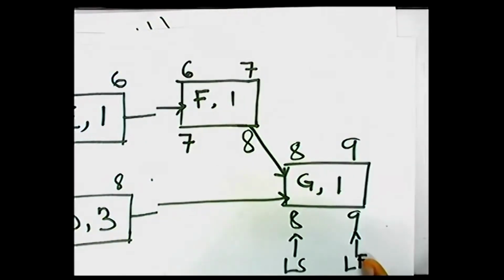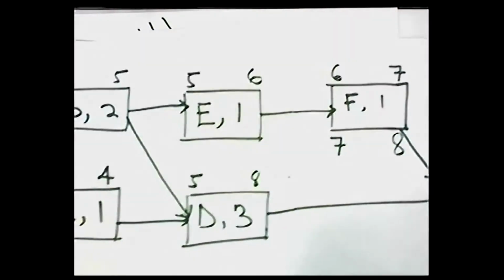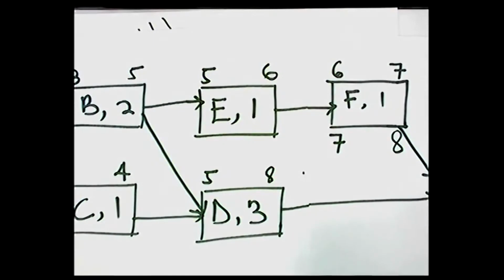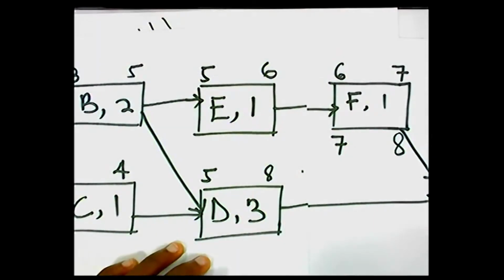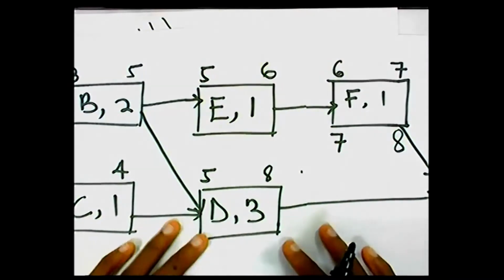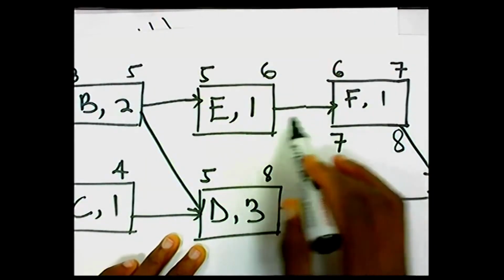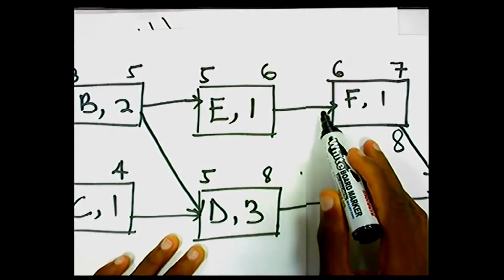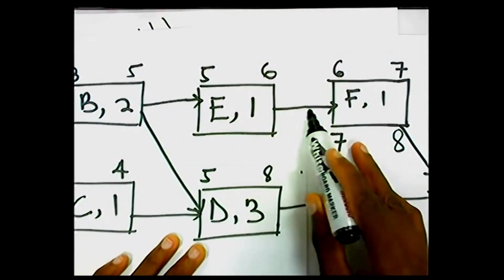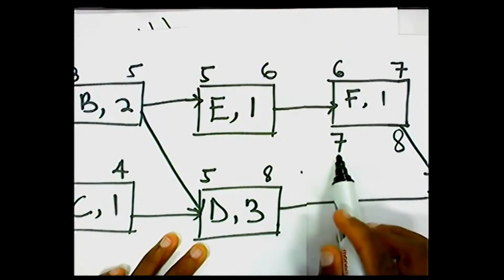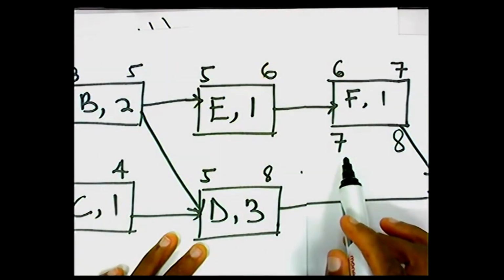Okay, so let's continue. Let's get to activity E. You do see again that activity E has only one activity coming into it, and that is from activity F. The latest start time for activity F is 7.